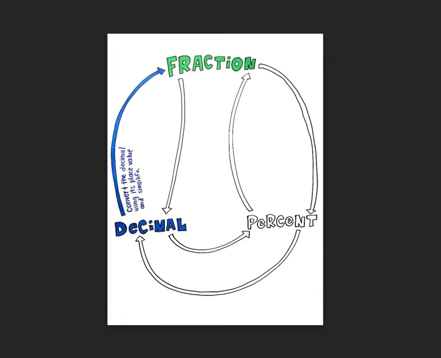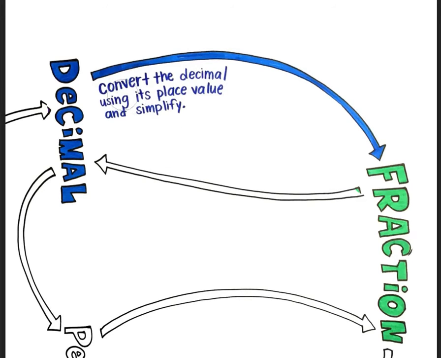And once we've done that, we can simplify it. Okay, let's see if I can get this zoomed in a little bit more. And so we're going to be converting the decimal using its place value and then simplifying.